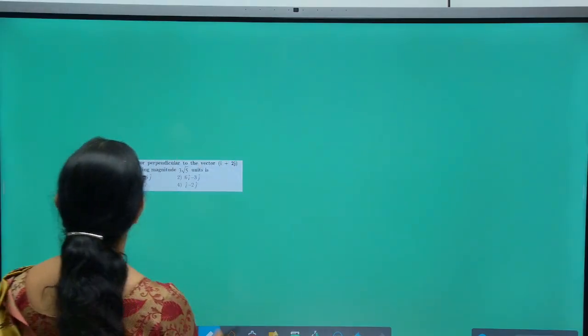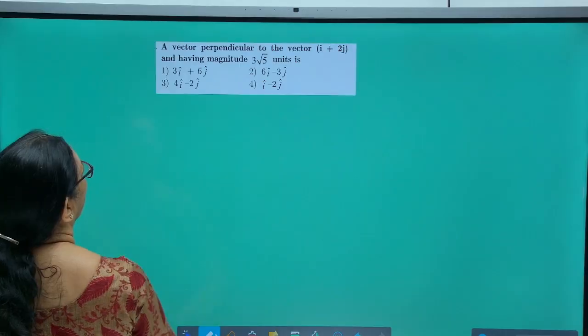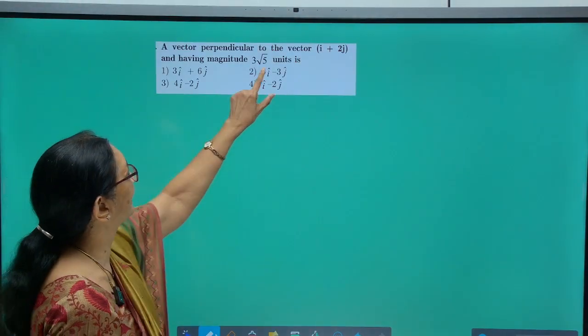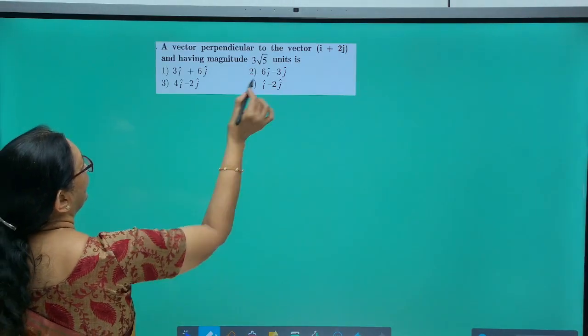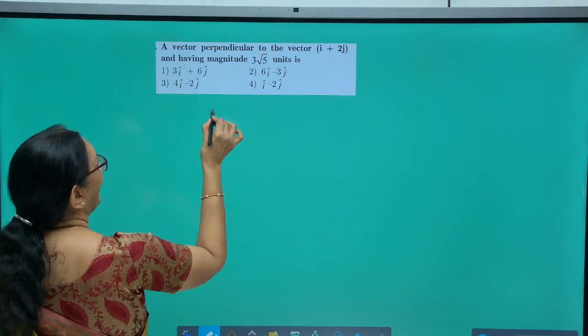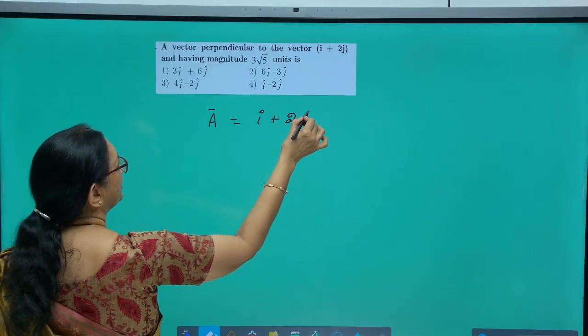Let's go to the next problem. A vector perpendicular to the given vector having magnitude of 3 root 5 Newton. So, let us take the given vector as A bar, that is equal to i bar plus 2j bar.